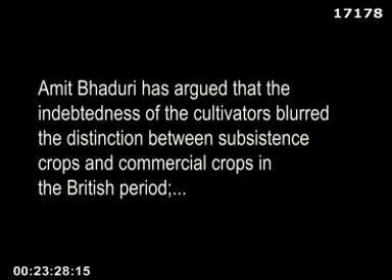And it has been pointed out by another scholar, Amit Bhaduri, that the indebtedness of the cultivators was so vast that there was hardly a distinction between a subsistence crop and a commercial crop. Subsistence crop like rice and a commercial crop like jute.